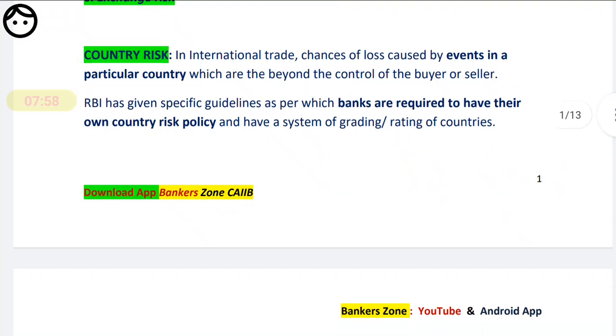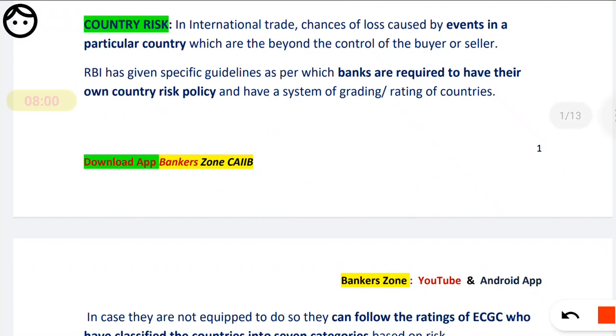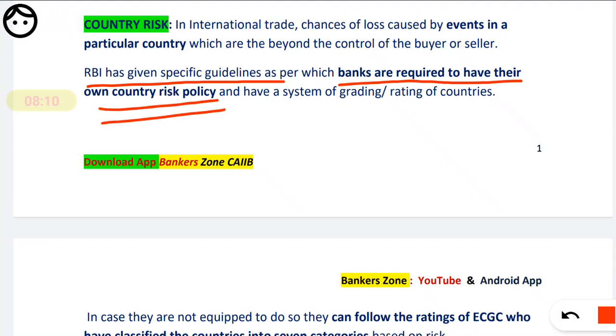Now one important thing you have to note here: RBI has given a specific guideline as per which banks are required to have their own country risk policy. They may ask you in true or false whether banks are required to have their own country risk policy. It is a true statement that banks have their own country risk policy, which the bank can decide.